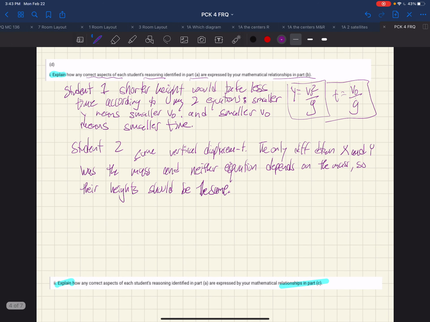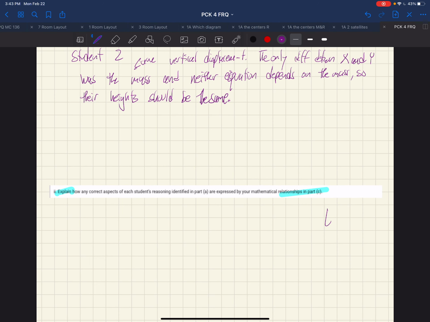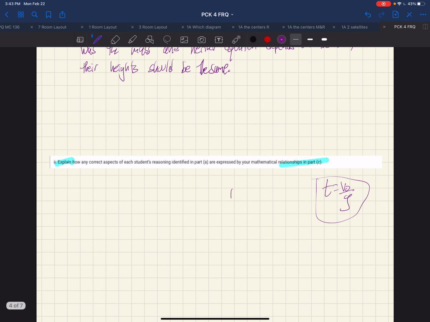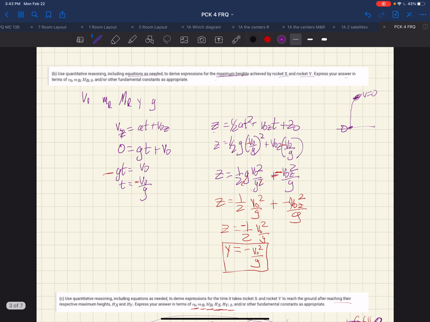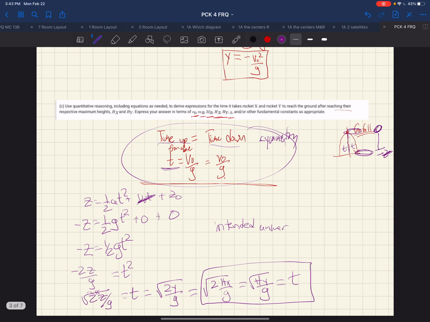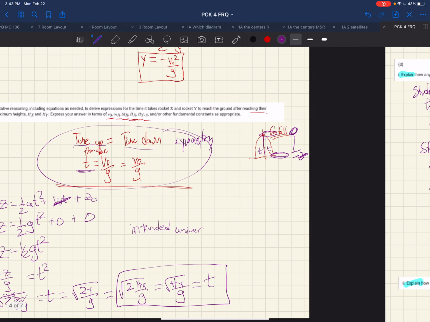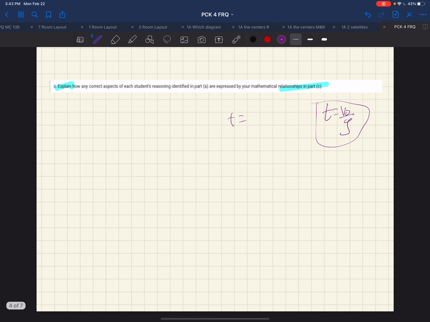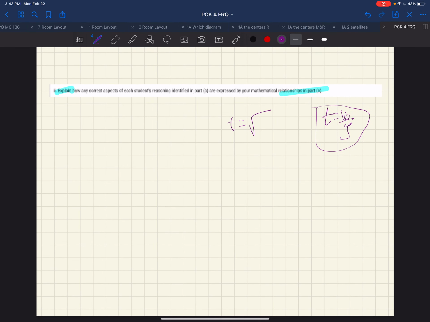And we have the same thing here, which is t equals v0 over g, same relationship. And we had t equals the square root of 2hx over g. And t equals the square root of 2hy over g.